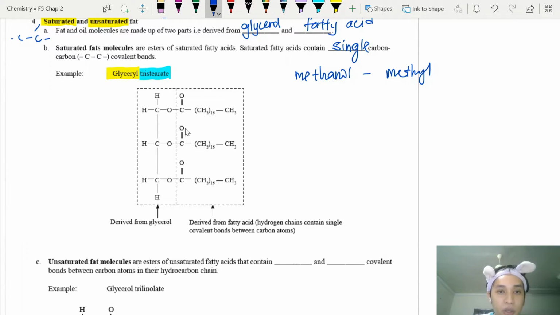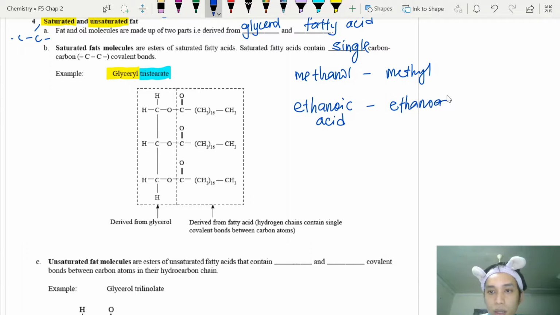For carboxylic acid, we follow the same thing. If it's methanoic acid, it becomes methanoate. If it's ethanoic acid, it becomes ethanoate. Based on the name here, tristearate, tri meaning three because we are reacting with three fatty acids.